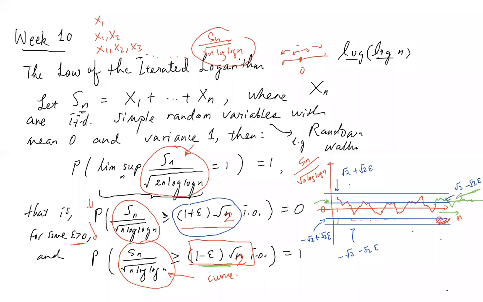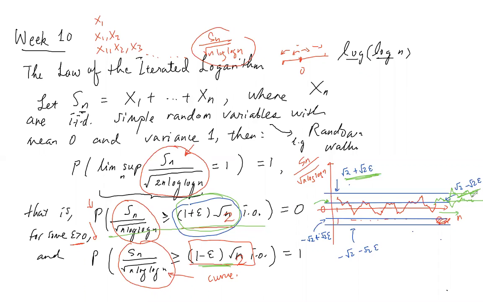Of course, this curve can also go outside of this other bound a little bit. But for this result, going outside of this bound infinitely often has chance 0, which means it will only go outside of this bound a finite number of times.